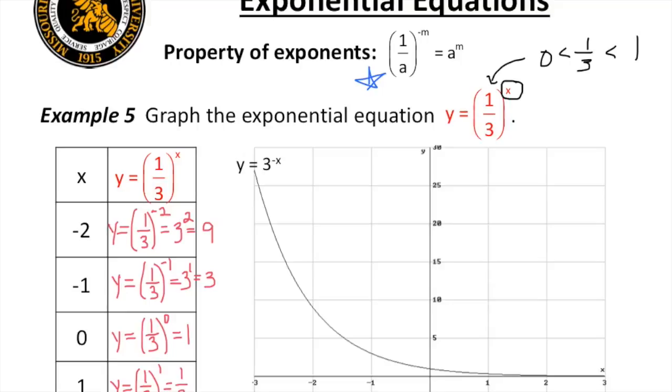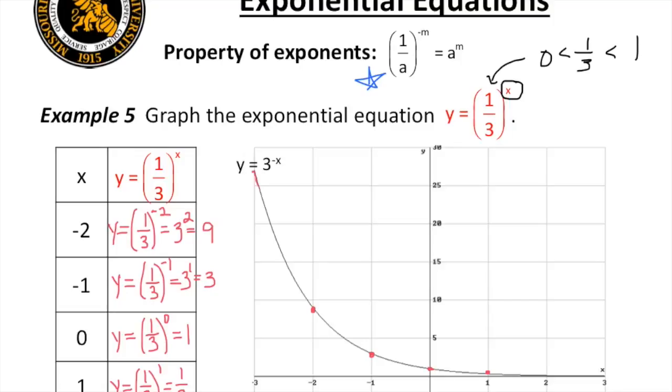Plotting the points that correspond to these ordered pairs, we have a point at -2, 9, -1, 3, 0, 1, and 1, 1/3. All 4 points lie directly on the graph of y equals 3 to the negative x.